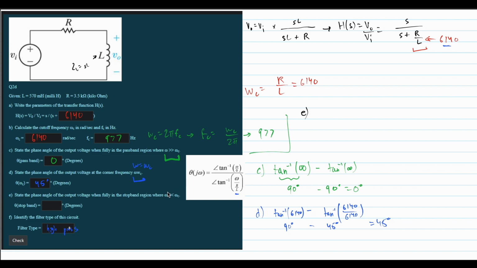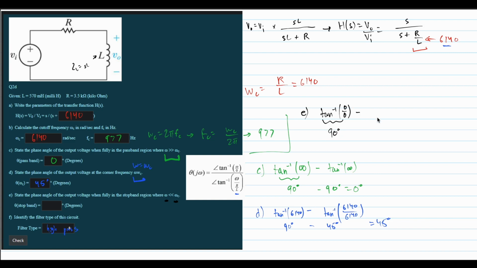Now for part E, it's going to be a little bit different. We can see that we have our omega much less than our omega c. And so that means our omega is going to be some really small value. We can say 0. And when we have tangent -1 of something over something, which in this case would be tangent -1 of about 0 over 0, this is going to be 1, so we're going to have tangent -1 of 1, which is going to give us 90 degrees.